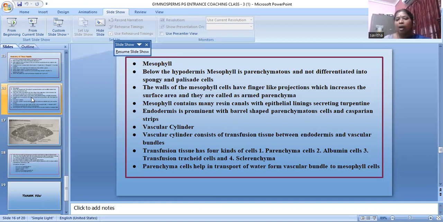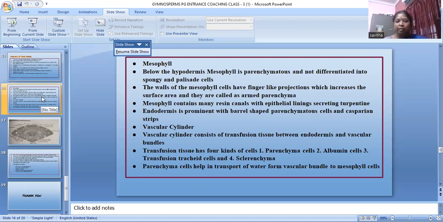They are called armed parenchyma. Mesophyll cells also contain resin canals with epithelial lining, as you have seen in the stem part, secreting turpentine.